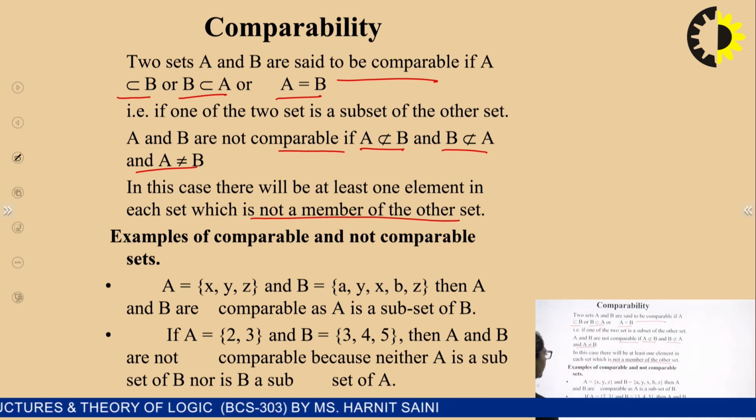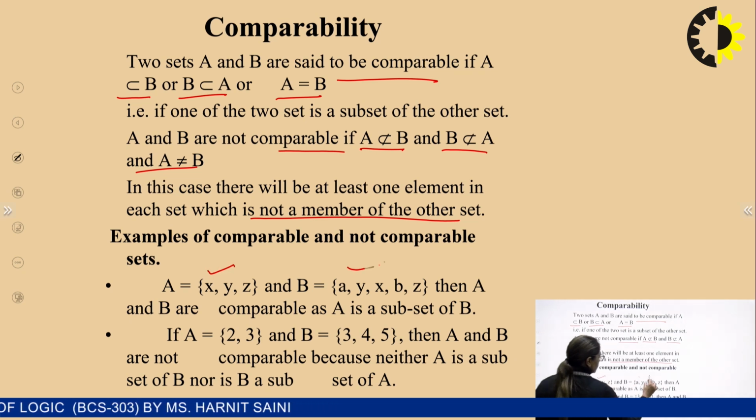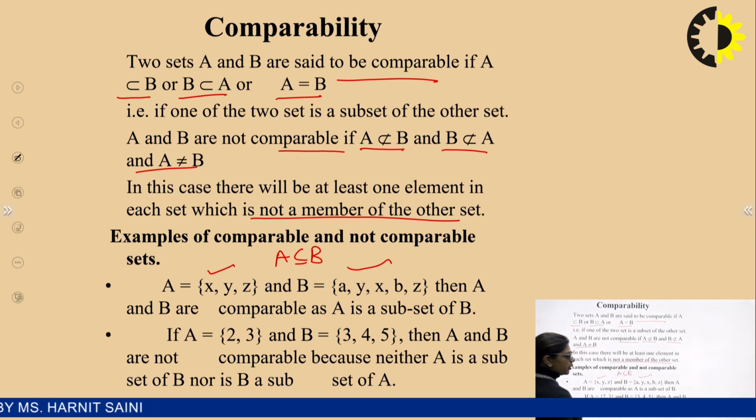Example of comparable: A is XYZ, B is this one. Now A is a subset of B. Okay, we got one condition.